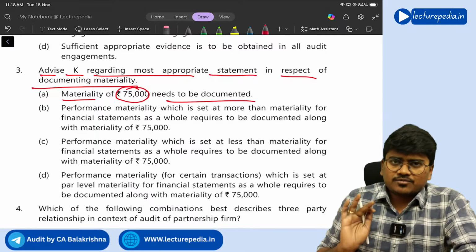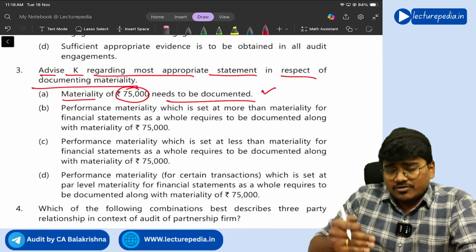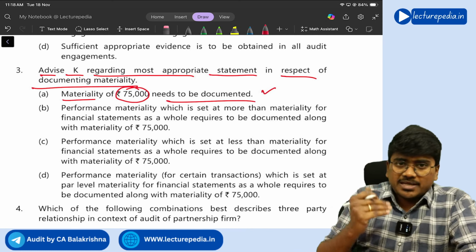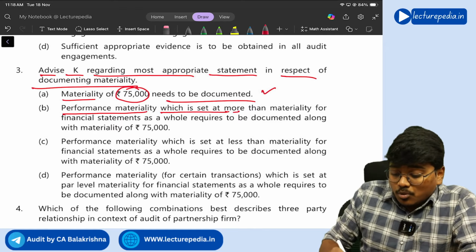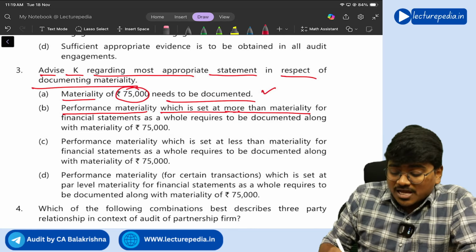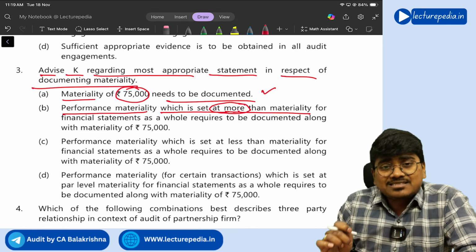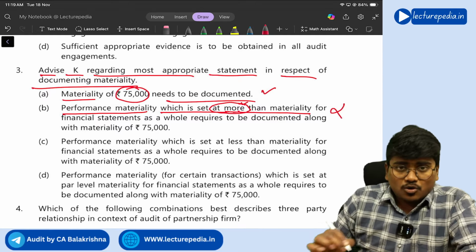Yes, materiality of 75,000 has to be documented. This looks correct only. We will see further options also, and we have to select the best option. Performance materiality which is set at more than materiality. See, performance materiality will always be less than materiality. They are saying more than materiality, so this is wrong.